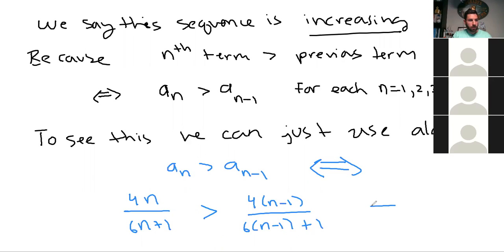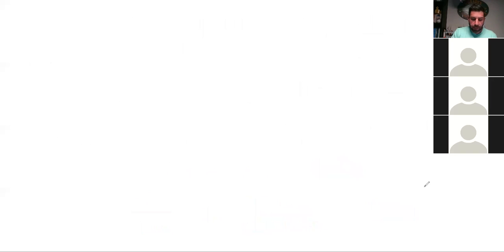So if I do what we call in algebra clearing denominators, or you might have called it cross multiplying, well, maybe I'll clean it up first, the right-hand side first. So this is 4n, and then this is 6n plus 1.